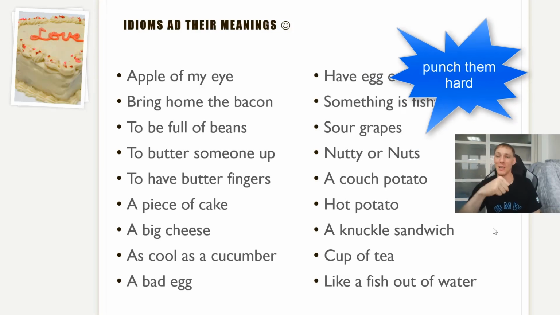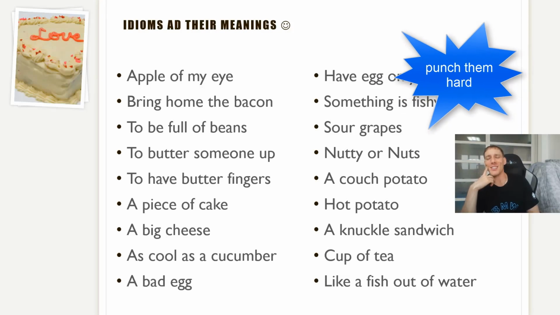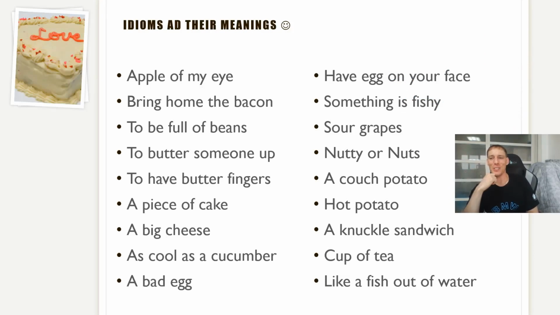You want to punch them. Now, some of you were really nice students, and you said, I never want to punch anybody. I love you. That's the right answer. You should always try to be kind and nice to everybody, but it's just an example. So I'll give you sentences that have a similar meaning, or you would do this action or would have this meaning, and that's the answer.